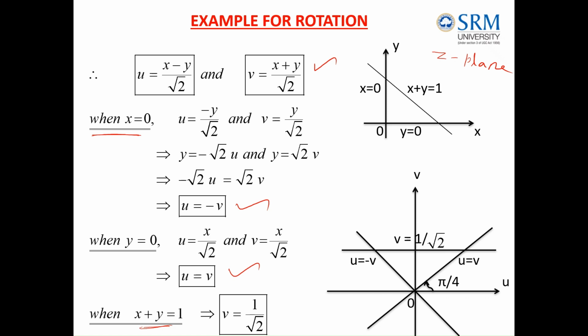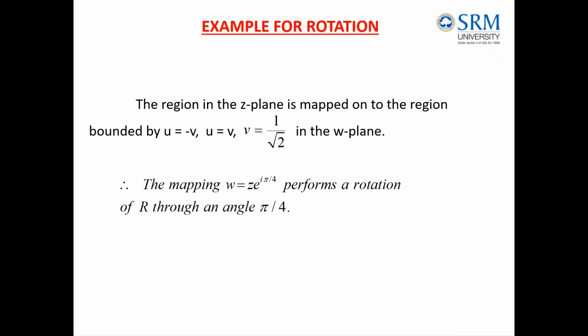So easily you can understand that there is a rotation happens based upon this transformation. So the region in the z plane is mapped onto the region in the w plane, and the mapping gives you the triangle and it is rotated through an angle pi by 4.